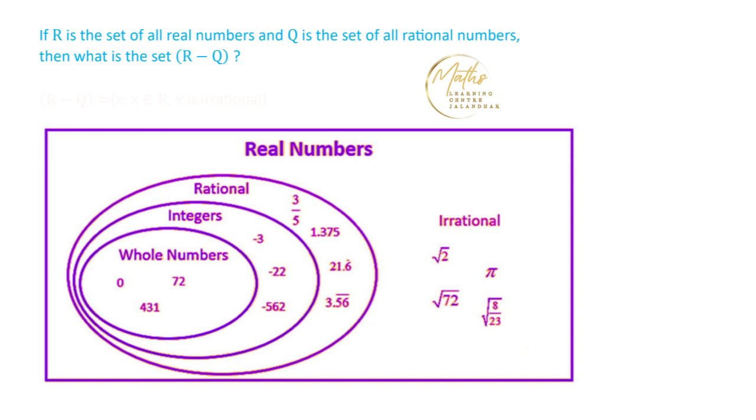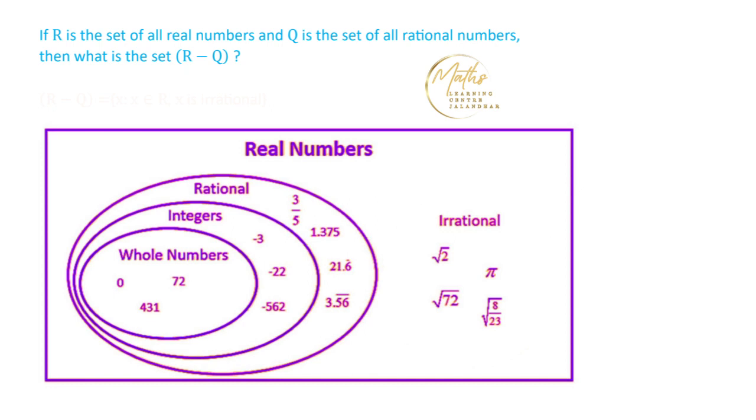The universal set we are considering is the real numbers. R is the set of real numbers, and Q is the set of rational numbers. So when we are talking about R minus Q, we are talking about those real numbers which are not rational numbers.